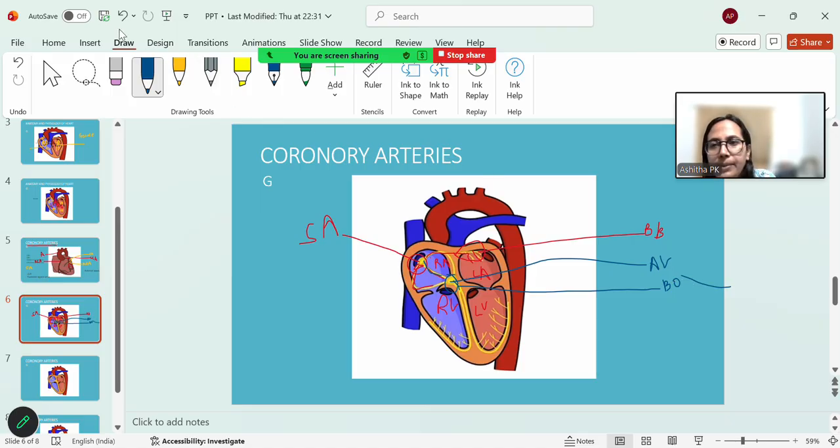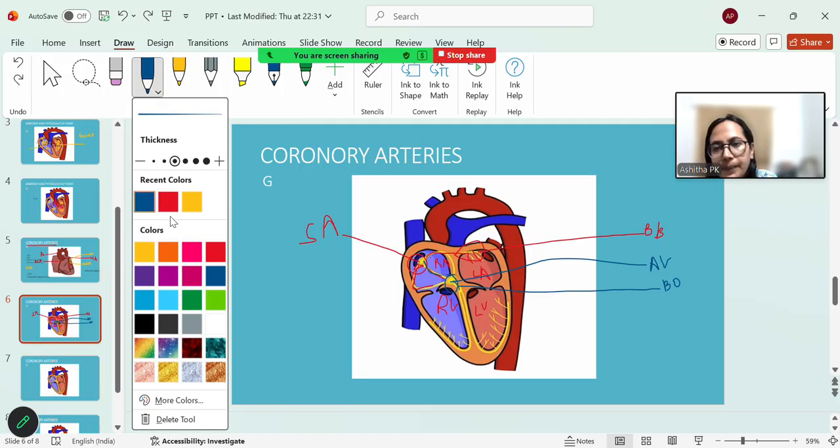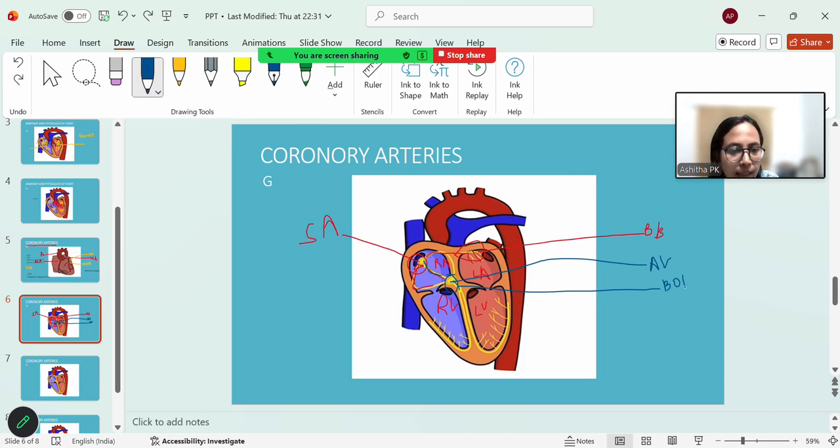Then the impulse passes through the bundle of His.